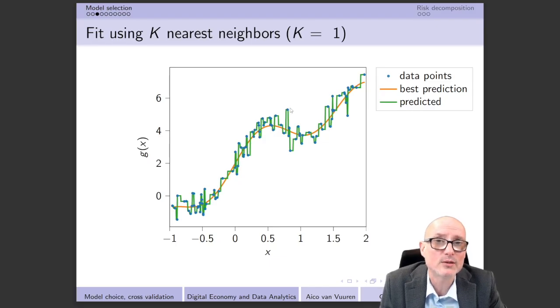Well, the answer to that is obvious. Most likely not, because this was an outlier. It's much more likely that the new point is going to be much closer to the best predictor, maybe somewhere over here. Or maybe even it's going to be negative somewhere over here.